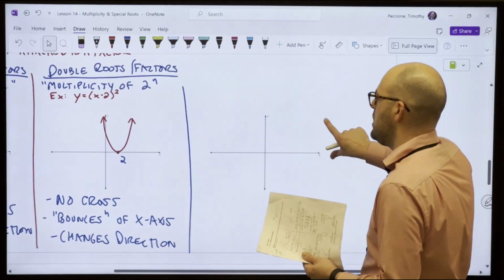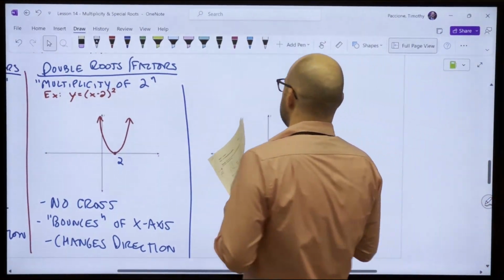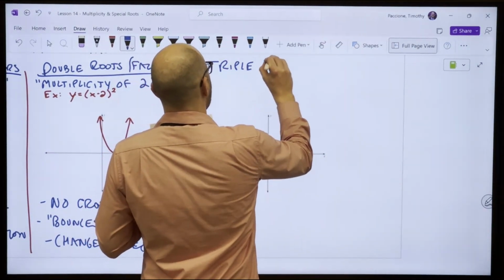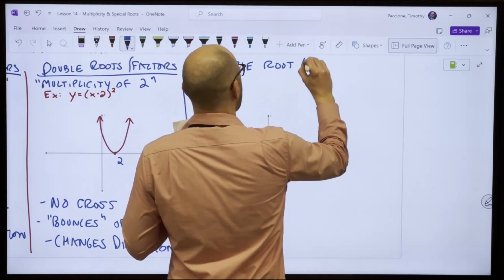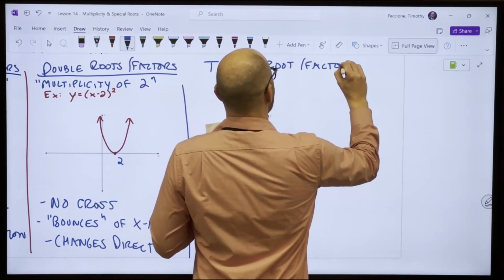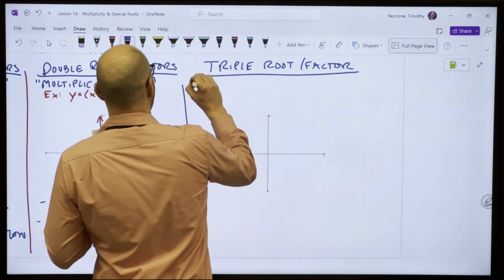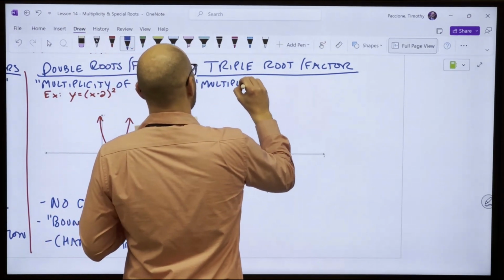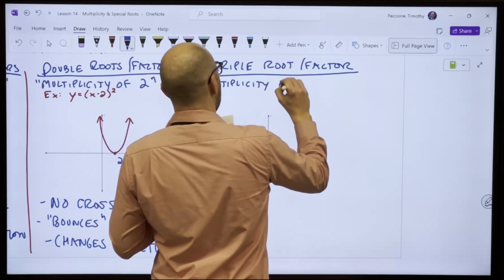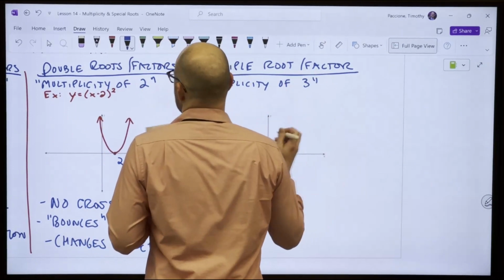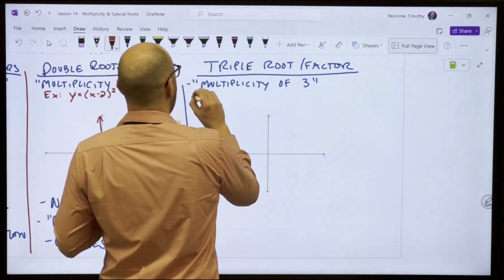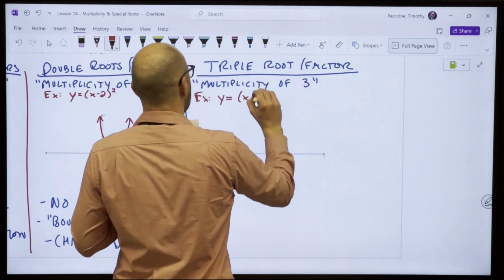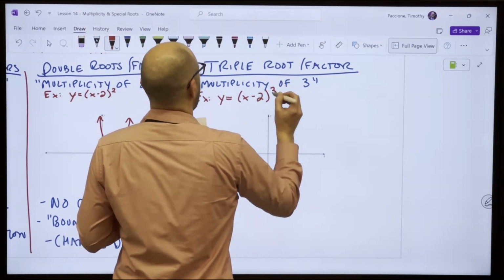Which brings us to our last version that we're going to see in this class, which would be a triple root or factor. And we say that this has a multiplicity of 3. And we're just going to extend our example again. y equals x minus 2 to the third.